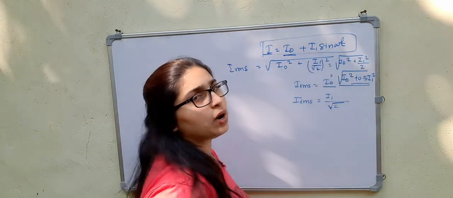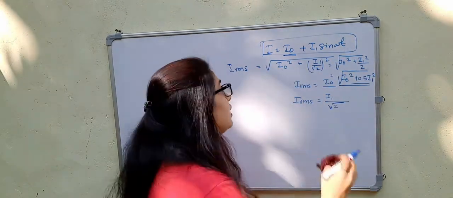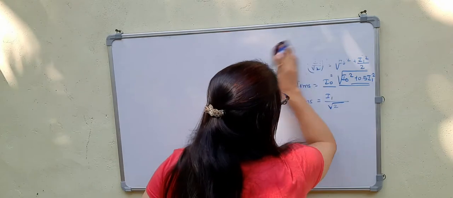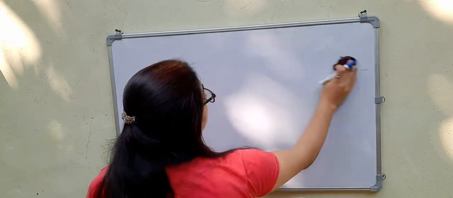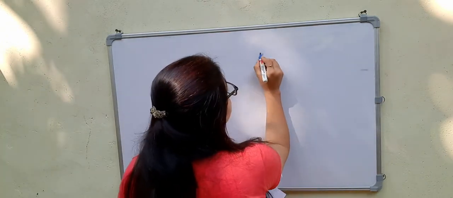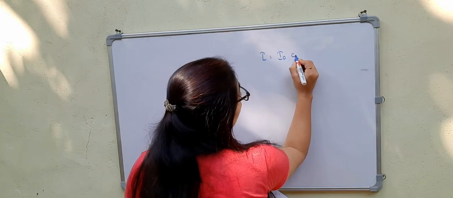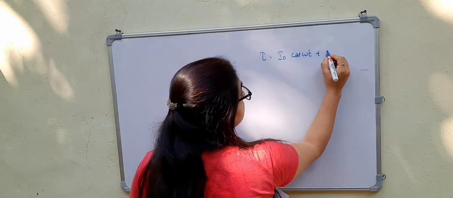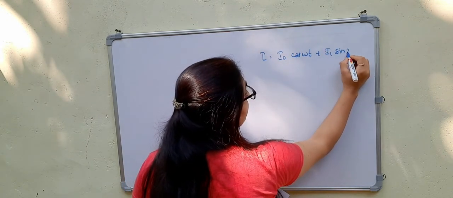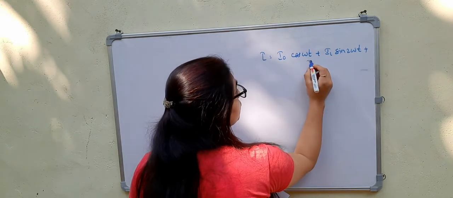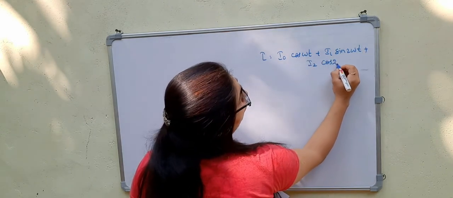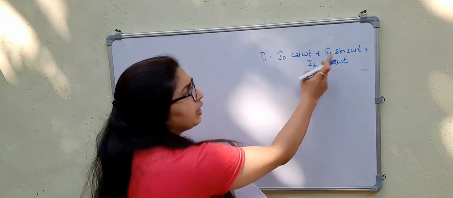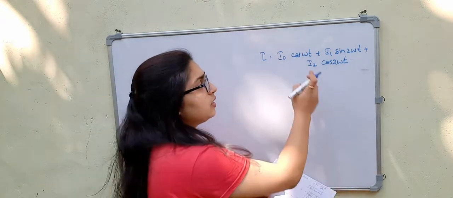I is equal to I naught plus I1 sin omega t. Now let us consider an example. I is equal to I naught cos omega t plus I1 sin 2 omega t plus I2 cos 2 omega t. So now we have the sum of three terms here.